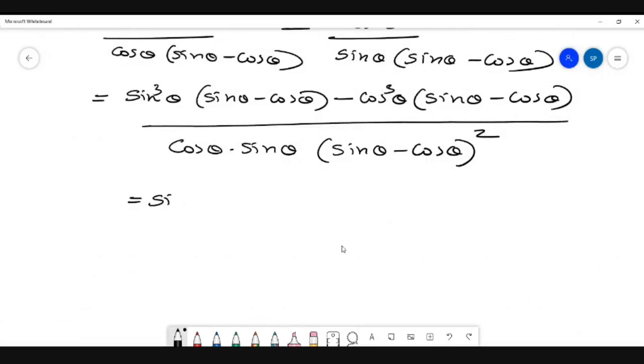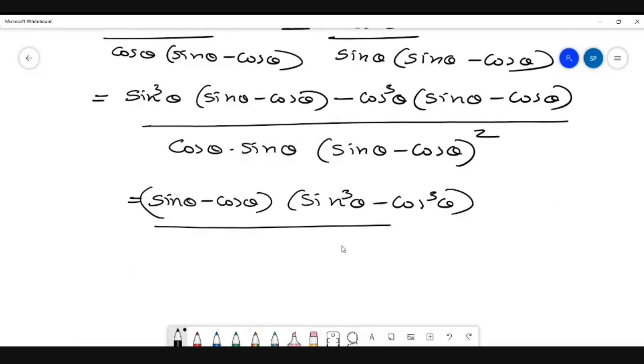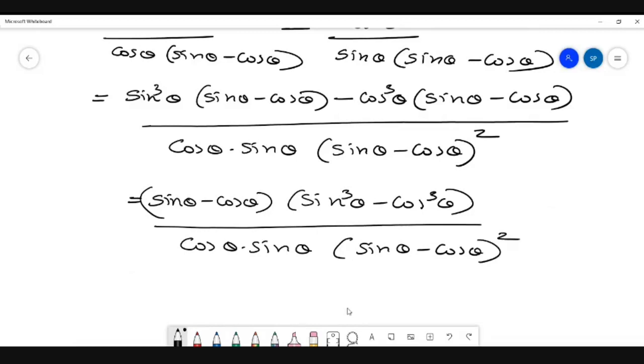Now we can see sin theta minus cos theta is common. So let us take that common: sin theta minus cos theta into sin cube theta minus cos cube theta, whole divided by cos theta into sin theta minus cos theta the whole square.